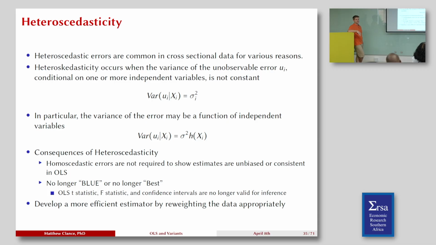For linear models, the weighting I'm doing here is mostly to show how it's done, because when you go into the nonlinear, those adjustments are going to be more important. So we develop a more efficient estimator by reweighting the data.